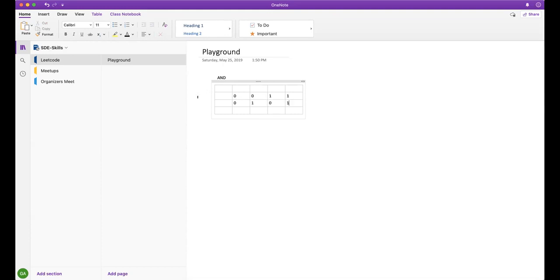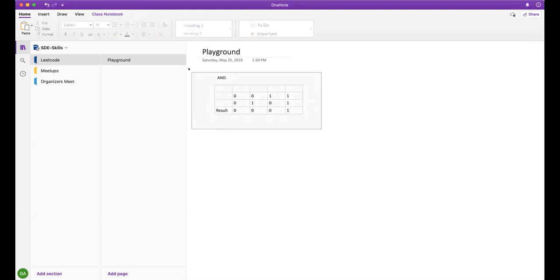And this is the result row, where we are going to figure out the results. So what's the AND of 0 and 0? 0. AND of 0 and 1? 0. AND of 1 and 0? 0. AND of 1 and 1? 1. Okay, so this AND operator is pretty clear.